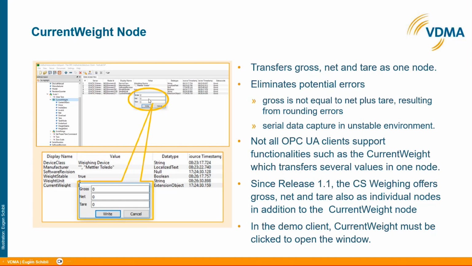You have to click that value with your right mouse button, and then this window opens with these values. Here we had the perfect 0 point. But this is what you have to know. And if you evaluate a client and you need current weight, just check with the provider if they support this functionality.